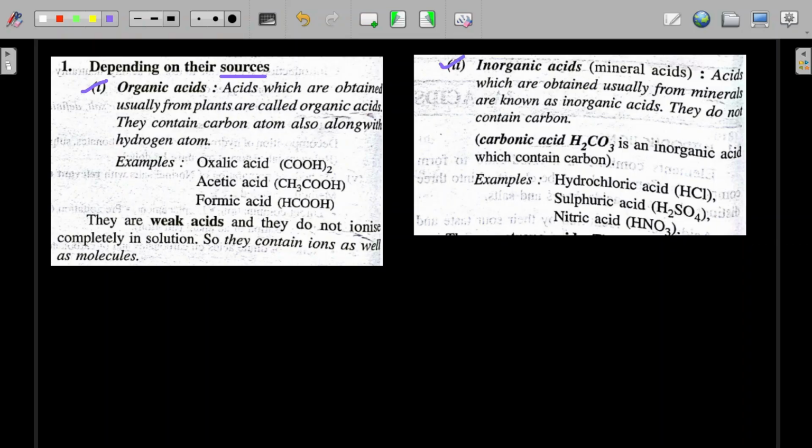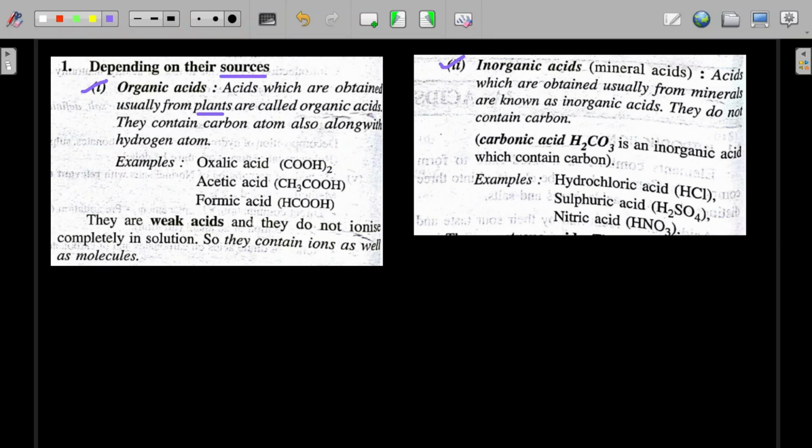Since we have already learned organic chemistry, we know what organic acids are, right? All the organic substances were obtained earlier from plants and animals, therefore the name organic. But now we know we can synthesize all of them in the laboratory.